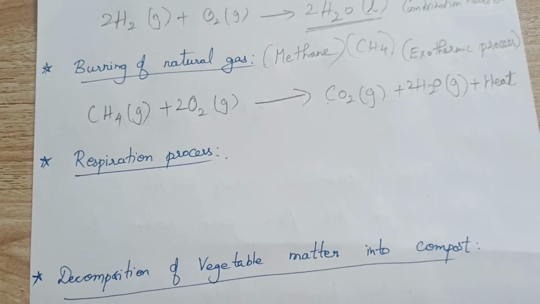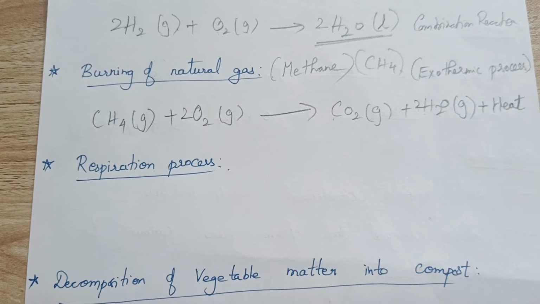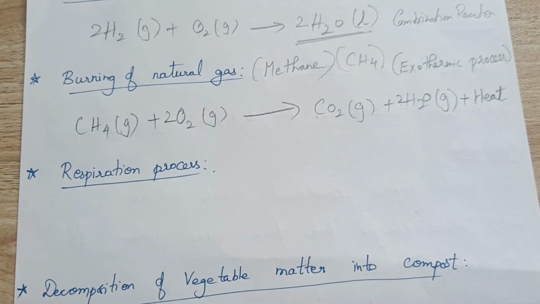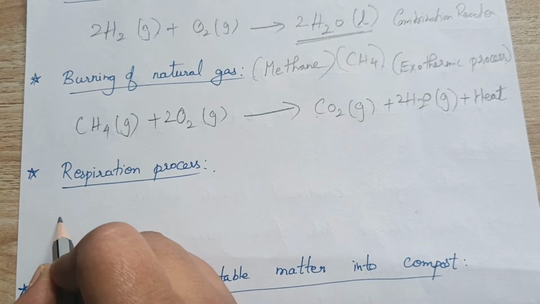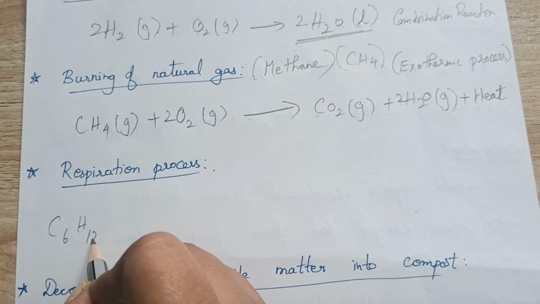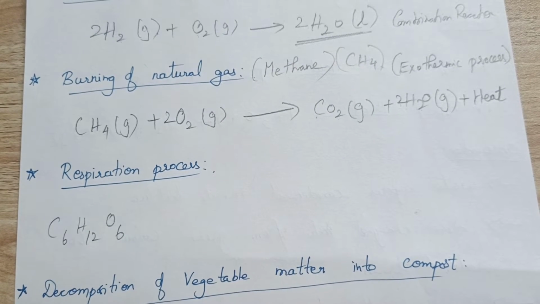Next one is the respiration process. Respiration means breaking down of glucose in the presence of oxygen to get energy. So glucose, you know the formula of glucose, right? C6H12O6. You remember?